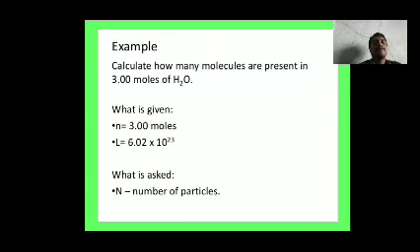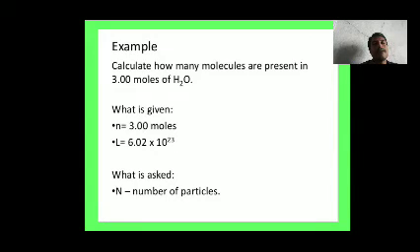Given data: number of moles is 3.00 moles, and the Avogadro number is 6.02 × 10^23. What is asked? The number of particles N. Calculate how many molecules are present in 3.00 moles of H2O.